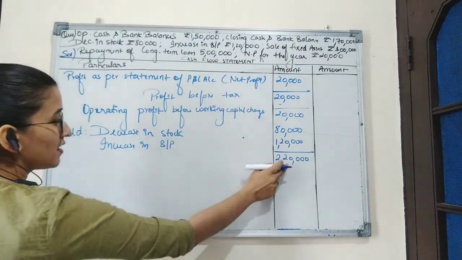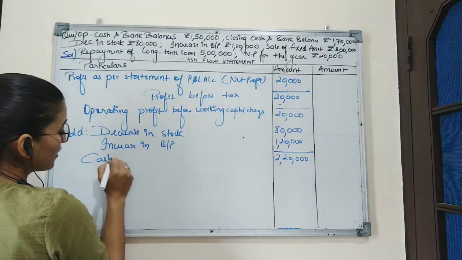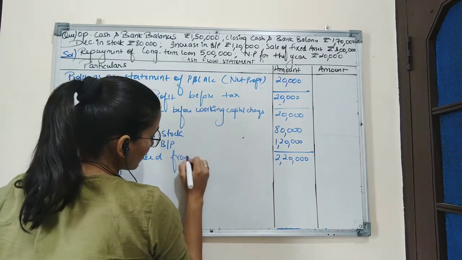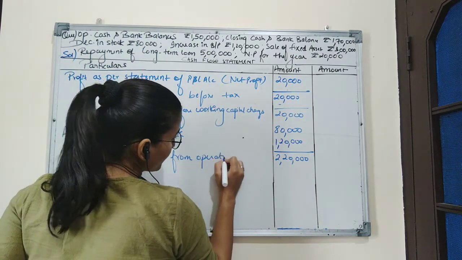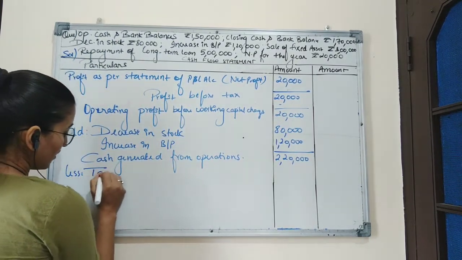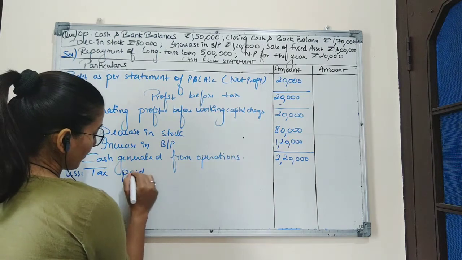So by adding these items to the operating profit before working capital changes, we get the amount 2,20,000. And this amount is considered as cash generated from operations. Now we will subtract tax paid amount.